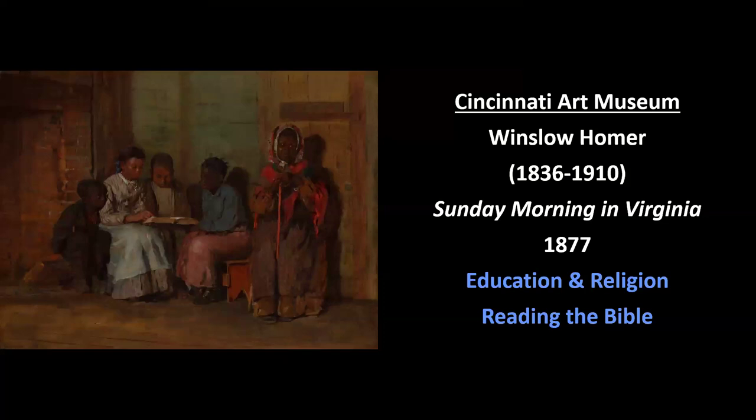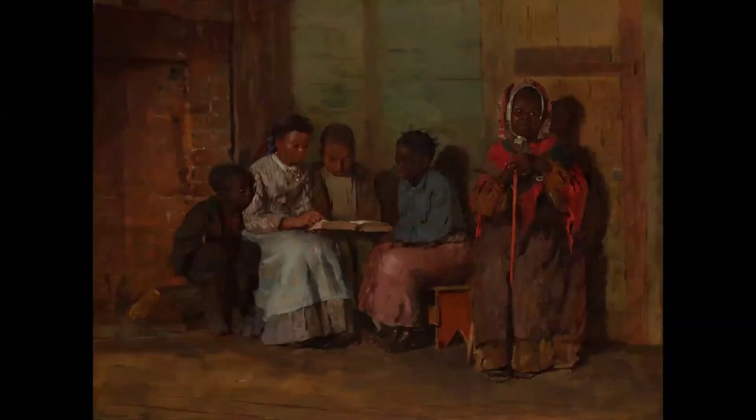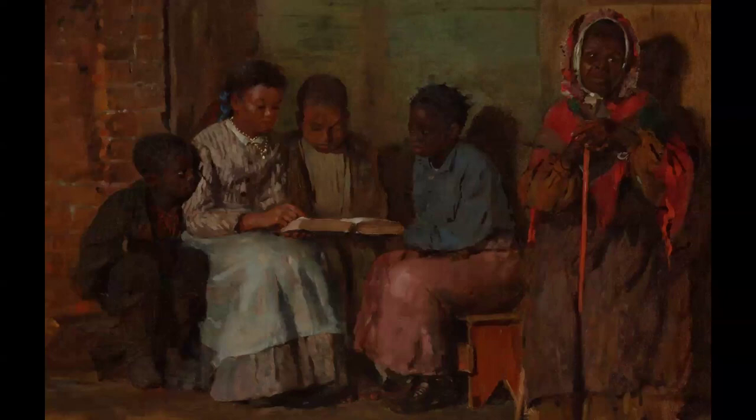This is at the Cincinnati Art Museum, Sunday Morning in Virginia, 1877. Education and religion. It's a group of individuals and they're reading the Bible. So a young woman looks like she's leading a reading of the Bible with three younger counterparts, with an older woman off to the side. So Homer traveling to Virginia and points south and documenting what's going on in the world of African Americans in the decade after the Civil War.